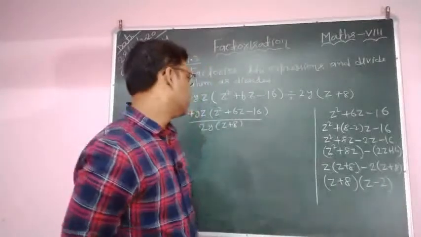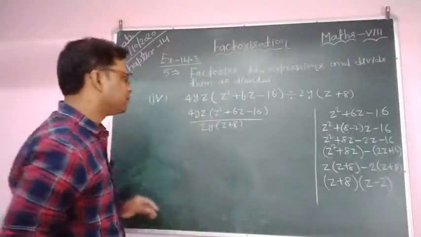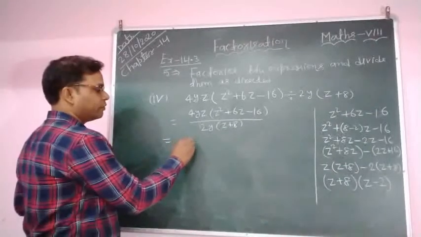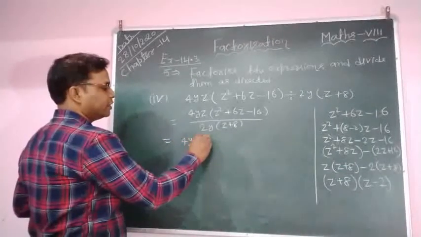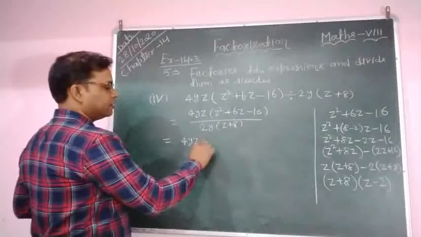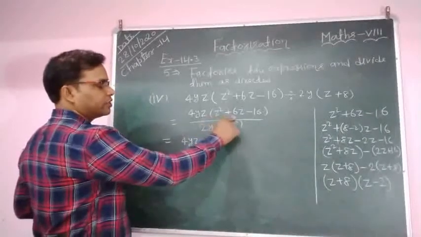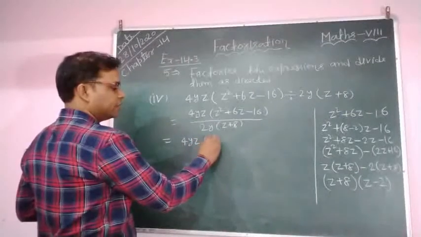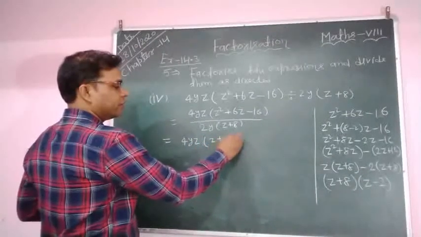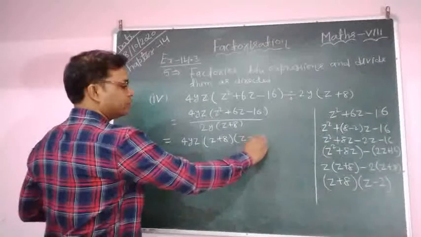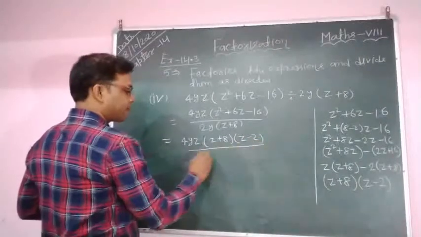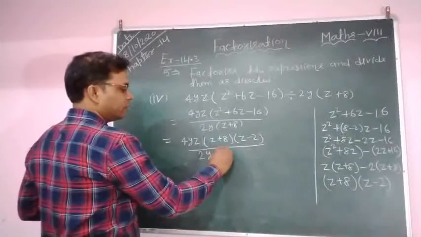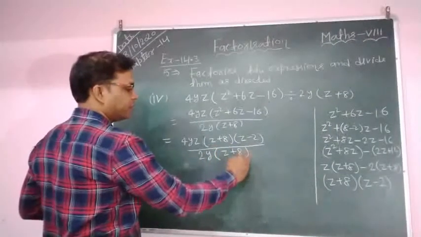Clear? So in this way you find the factorization of z square plus 6z minus 16. Now you can replace it. We can write here 4yz into z plus 8 into z minus 2 divided by 2y into z plus 8.